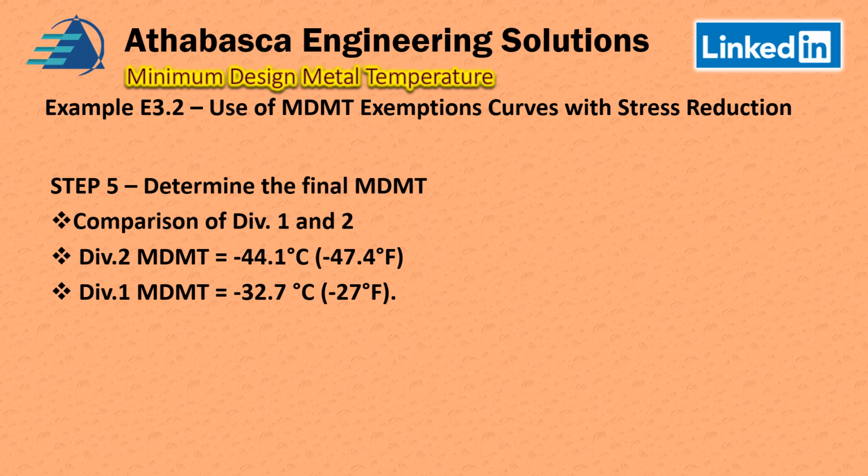You can see that Division 2 allows you to reduce your MDMT even further. And recall that since the allowable stresses were the same, by coincidence, which is very rare for Class 1 and 2, the MDMTs are the same for Class 1 and 2 materials for this particular example.